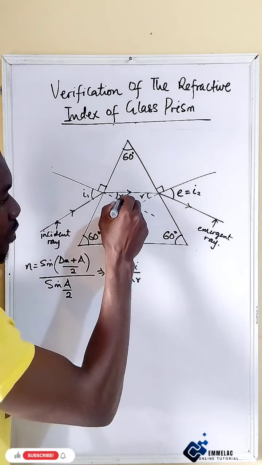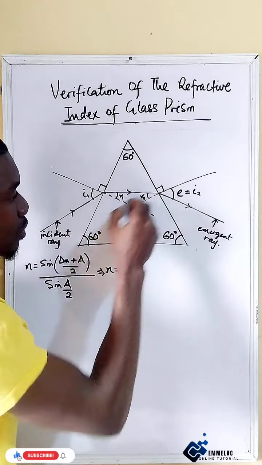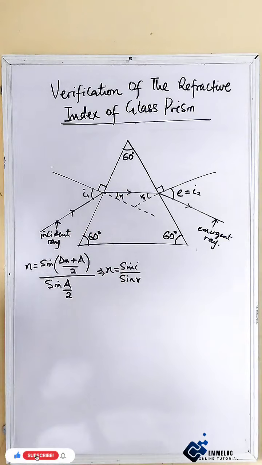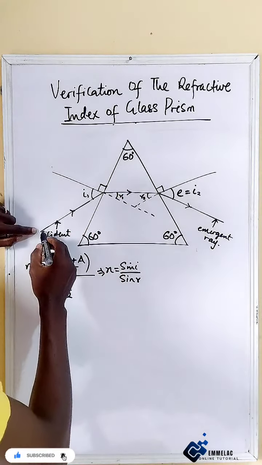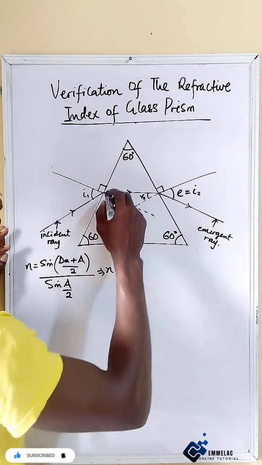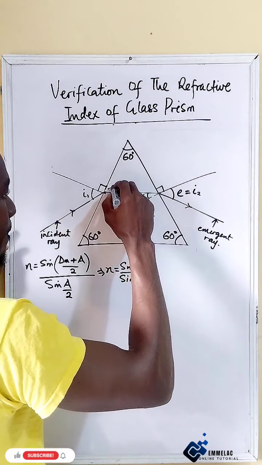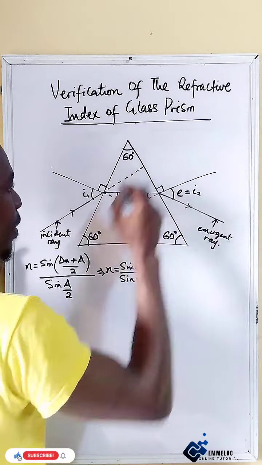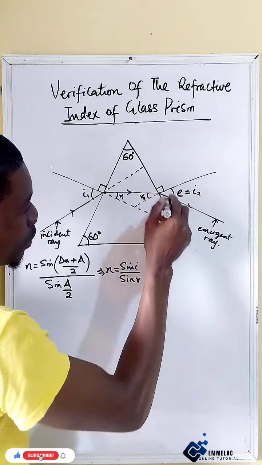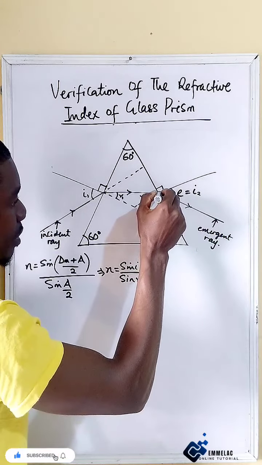So let us make this one 1 and this one 2. Now for the incident ray, we presume that normally it should move this way, and the emergent ray is meant to go this way.